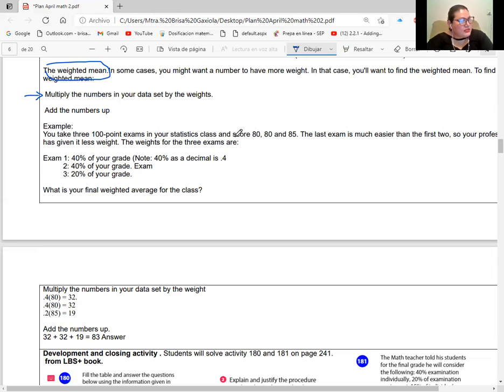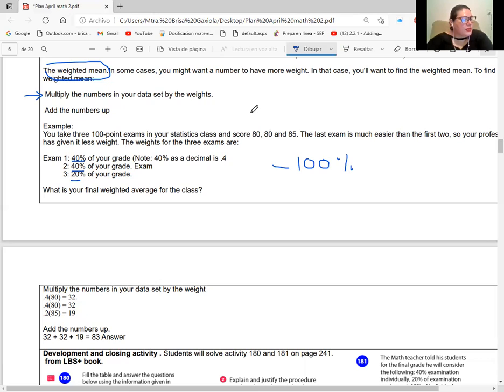The weights for the 3 exams are: the first is 40%, the second one is 40%, and the third one is 20%. As you notice, the final grade will have to represent 100%. So although you are applying for 3 exams, the grade will be the average from the 3 according to the weight given by the teacher.